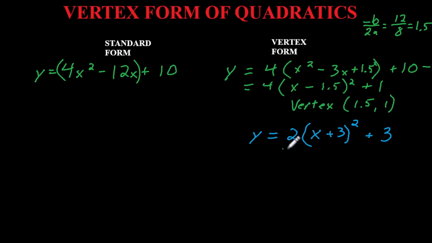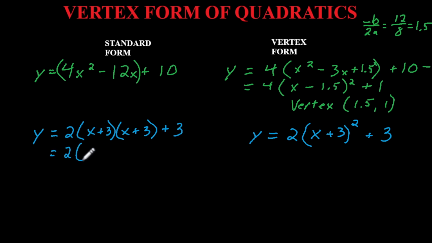Now to change the vertex form back into standard form, I have y equals, and now I do 2 times x plus 3 times x plus 3 plus 3. And now I'm going to multiply.